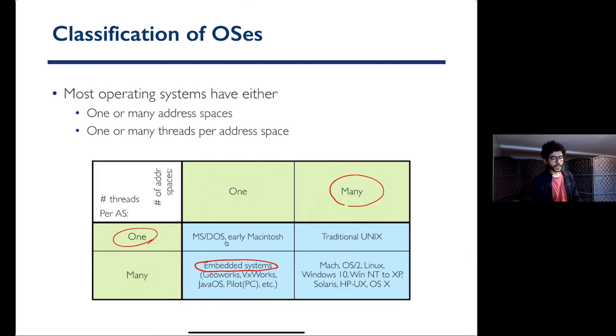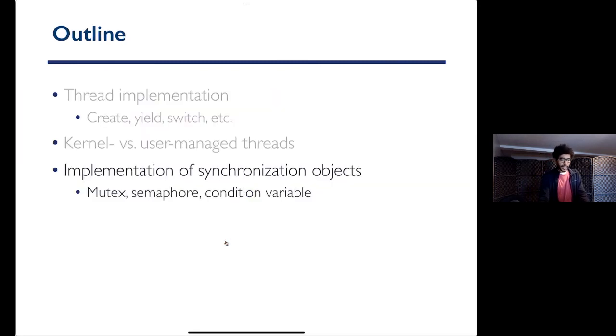So this would be Linux, Windows, OS X, basically all the modern, general purpose operating systems are here. They provide processes, and each process has multiple threads. Okay, so that's that. Now I have 3 minutes left.